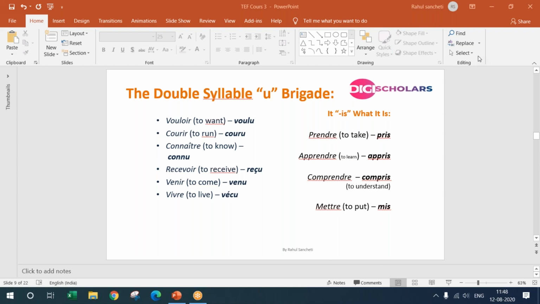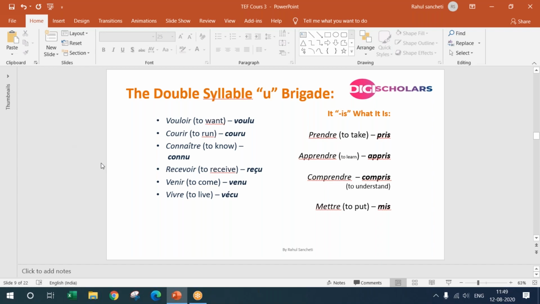Okay. Now remember, we are only discussing the past participles in the past tense. Now you know how the helping verb helps, and now we are looking at the past participles only. Got it? And in that also we are looking at the list of verbs. So first we saw the general rule IR, ER and RE, and then we got to the Tiny U Club, and then the double syllable U Club, and then we are moving forward.